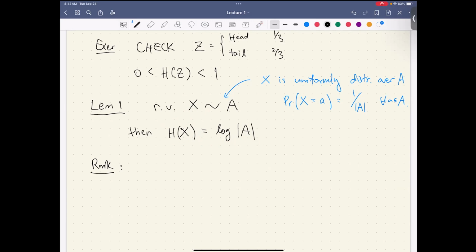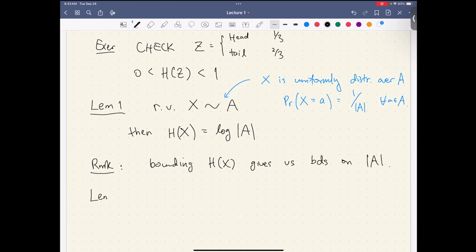Okay. So here, through this lemma, bounding H(X) gives us bounds on |A|.